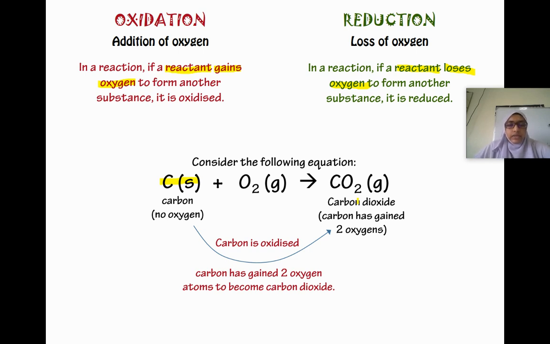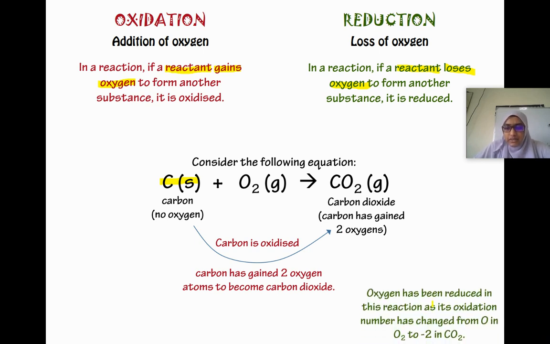All right. So now one more thing about redox reaction is when you see something is getting oxidized, the other reactant is actually getting reduced. So in this case, oxygen actually has been reduced because carbon is oxidized. So we understand that the other reactant, which is oxygen, is reduced.